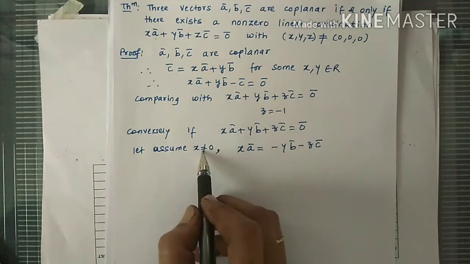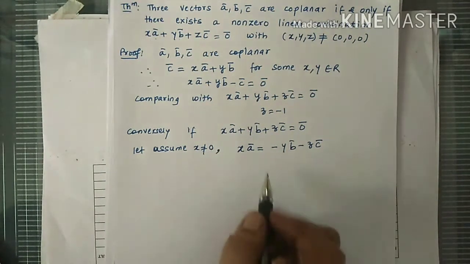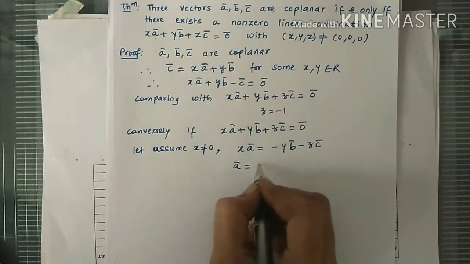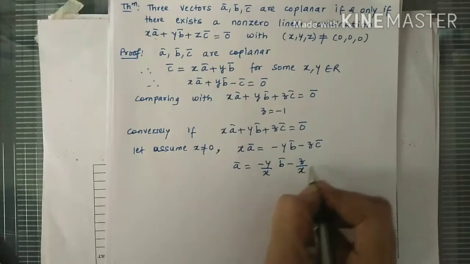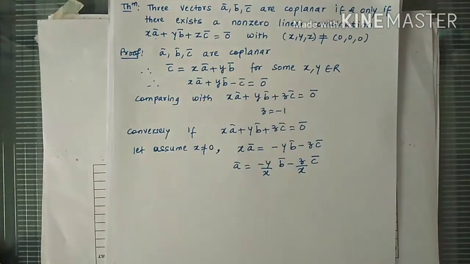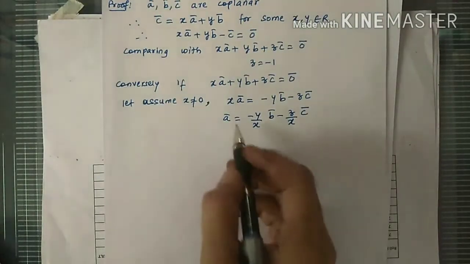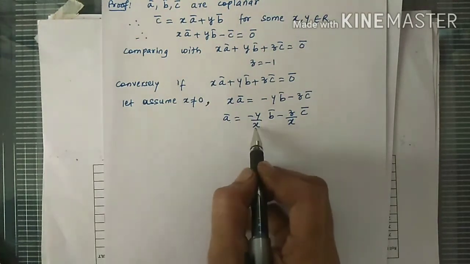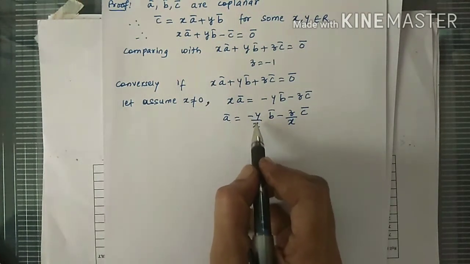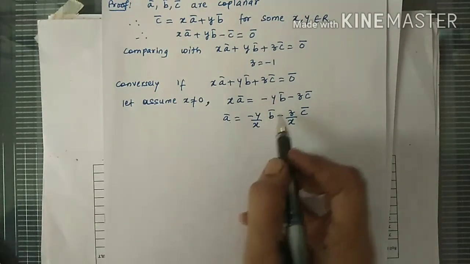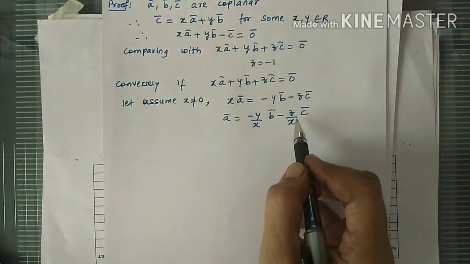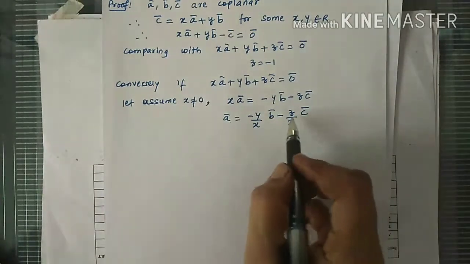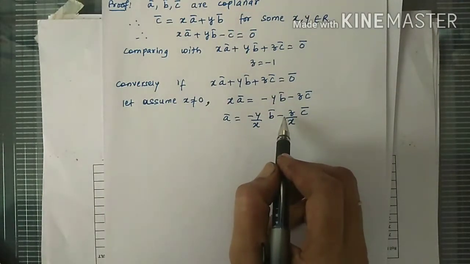Since I have assumed X as a non-zero number, I can divide by X. So A bar becomes minus Y by X B bar minus Z by X C bar, dividing each term by X. X and Y are real numbers, so minus Y by X is also a real number, multiplied by B bar, plus minus Z by X, again a real number, multiplied by C bar.